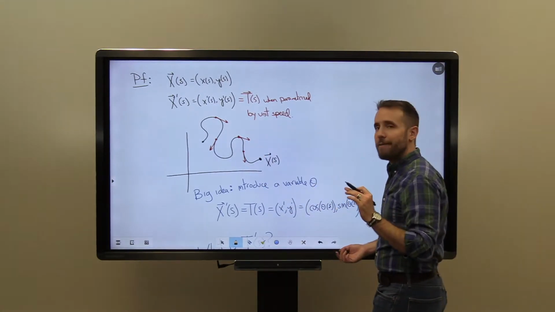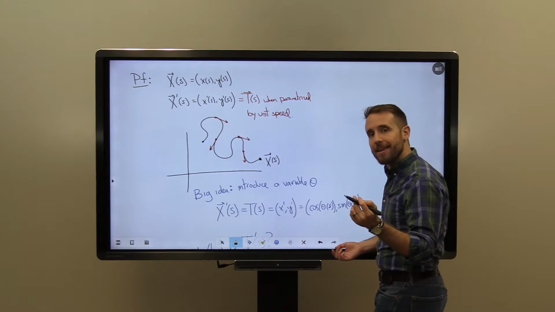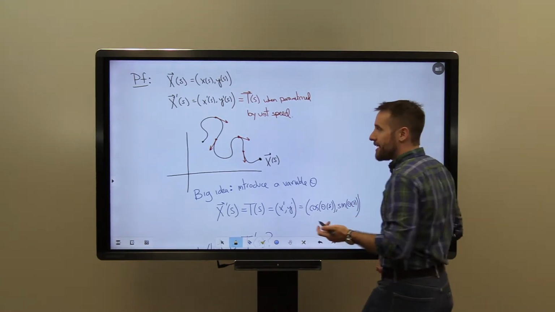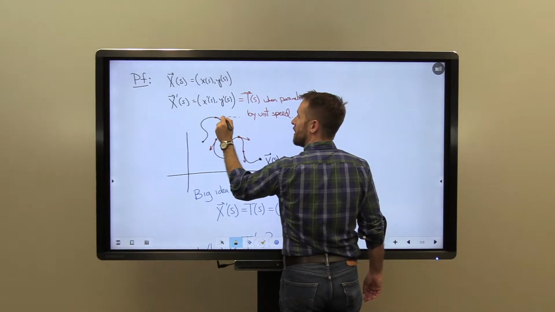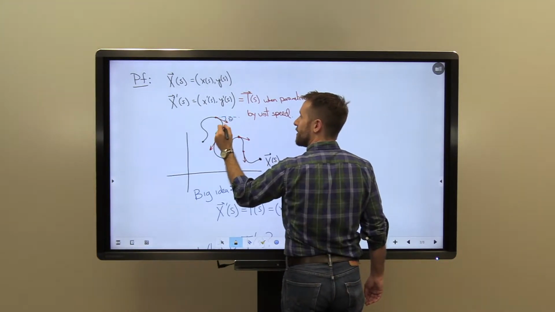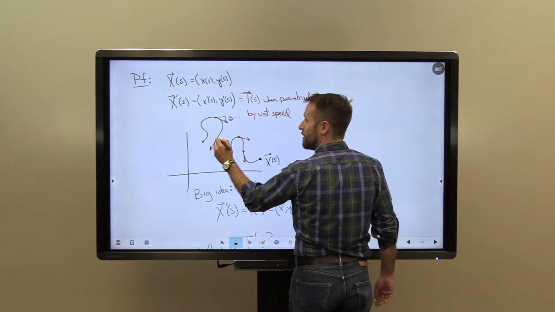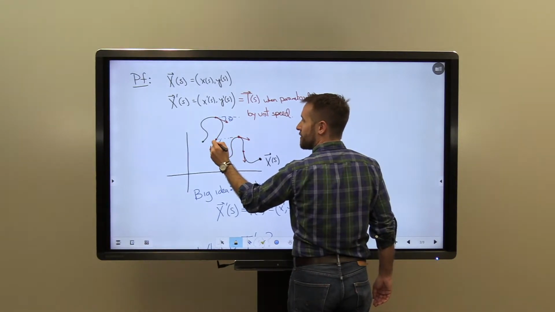And we're going to identify that by using an angle theta. And to keep it nice and standard, we're going to identify theta as the angle that our arrow makes with the positive x direction.